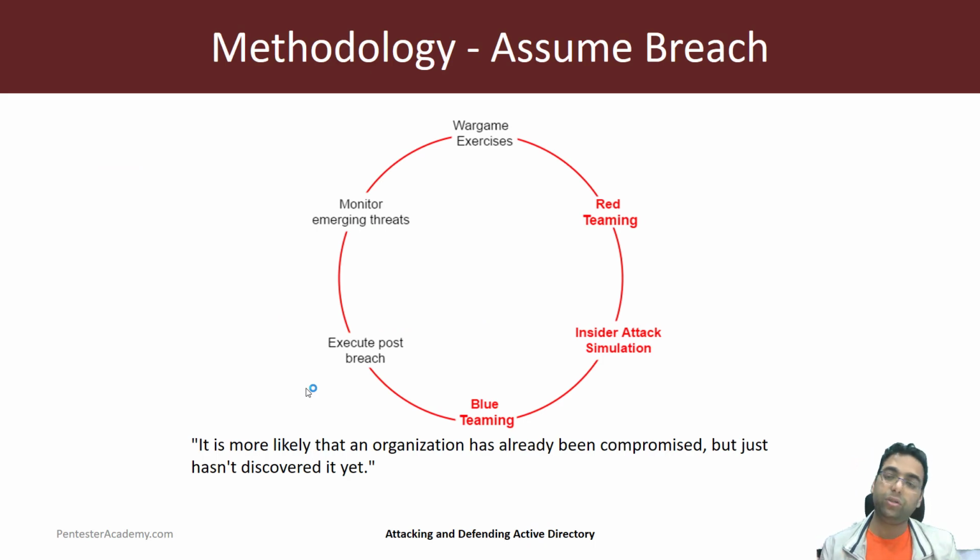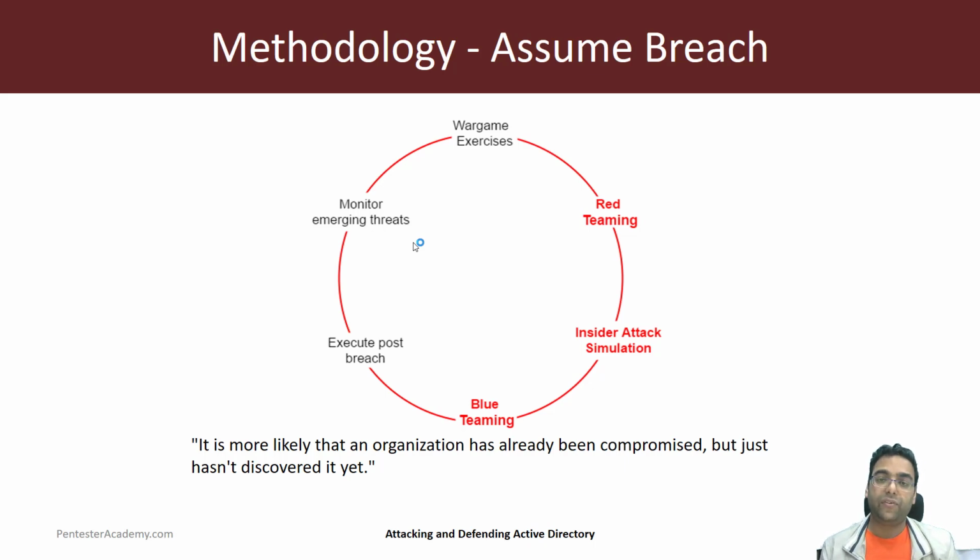Now, what is going to be our methodology to attack the practice lab? We are going to use the assume breach scenario, which is used by Microsoft's cloud red team. An assume breach scenario assumes that it is more likely that an organization has already been compromised, but just has not discovered it yet.